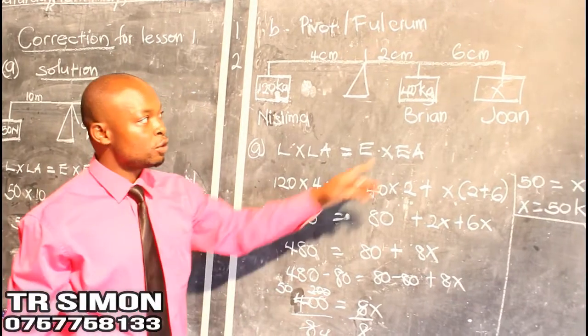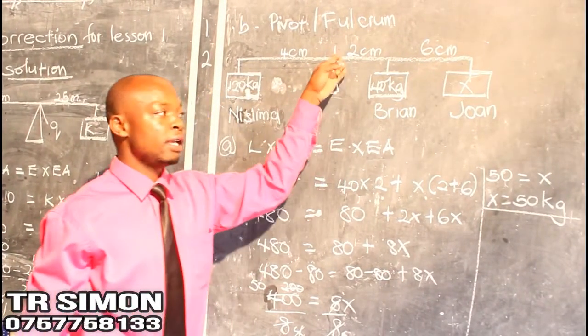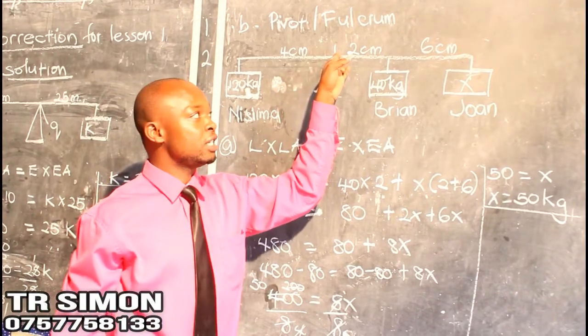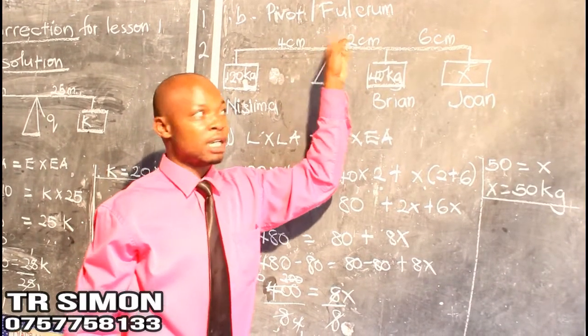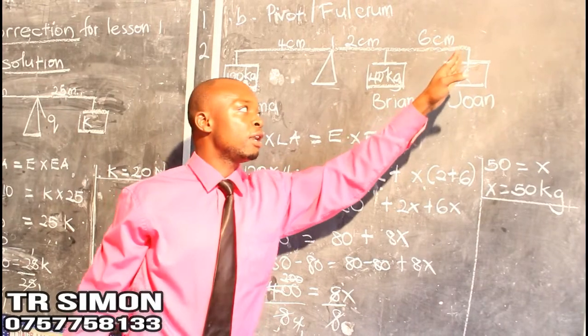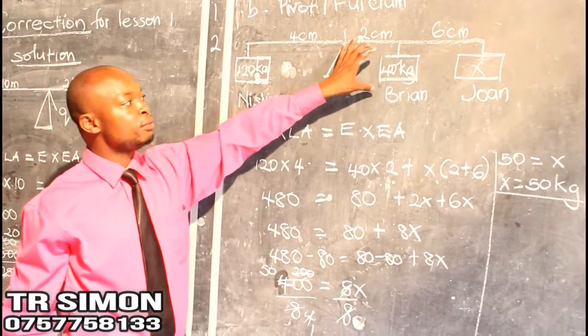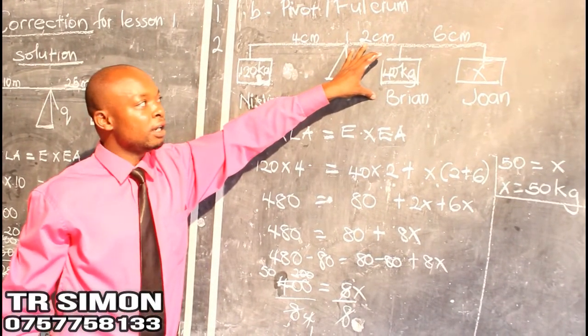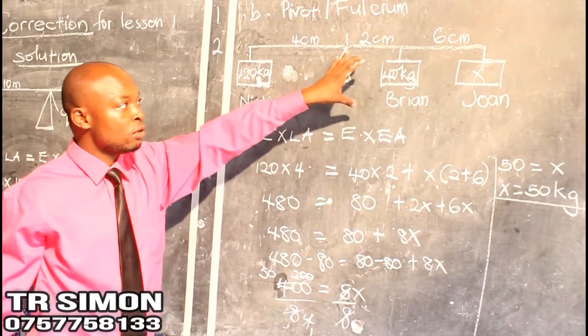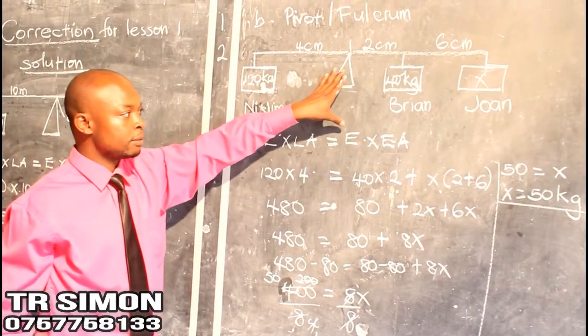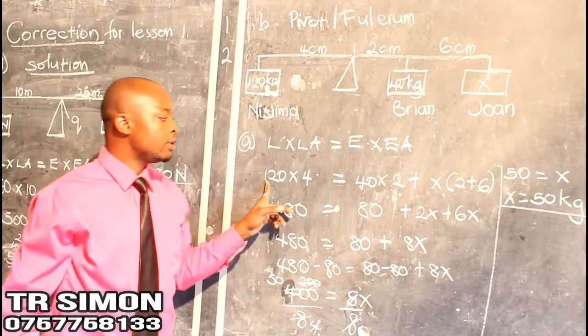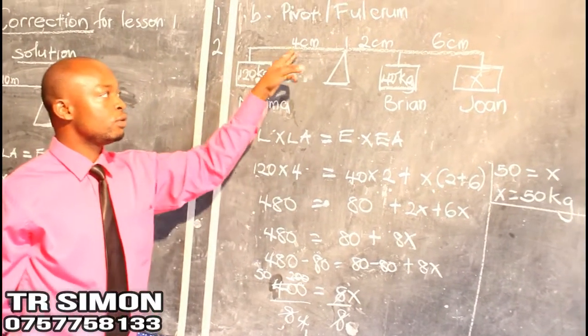So Joanne moves from here to here. So when you are calculating Joan's distance, you need to know that she is moving from the center up to the point of her weight. So we're going to begin with Brian, who's in the middle of Joan and pivot. We shall say 120 times 4, which is the arm.